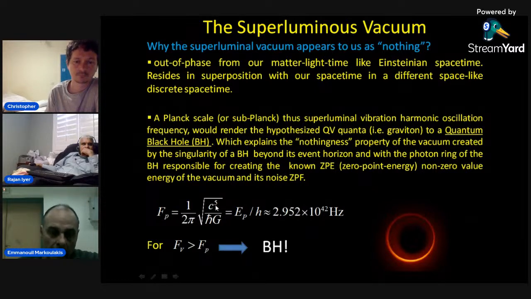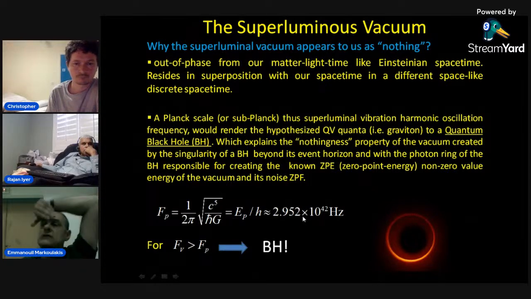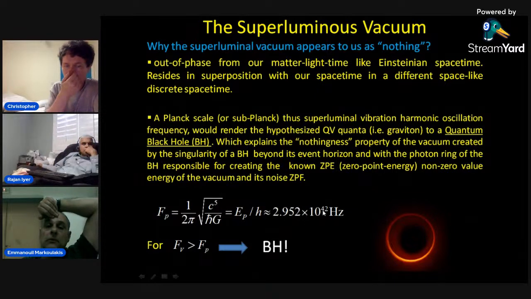It refers to a vibration equal to the speed of light, which is inside the equation. So any vibration faster than this frequency, which equals faster than the speed of light, is totally invisible to us. It becomes actually a black hole, a quantum black hole.